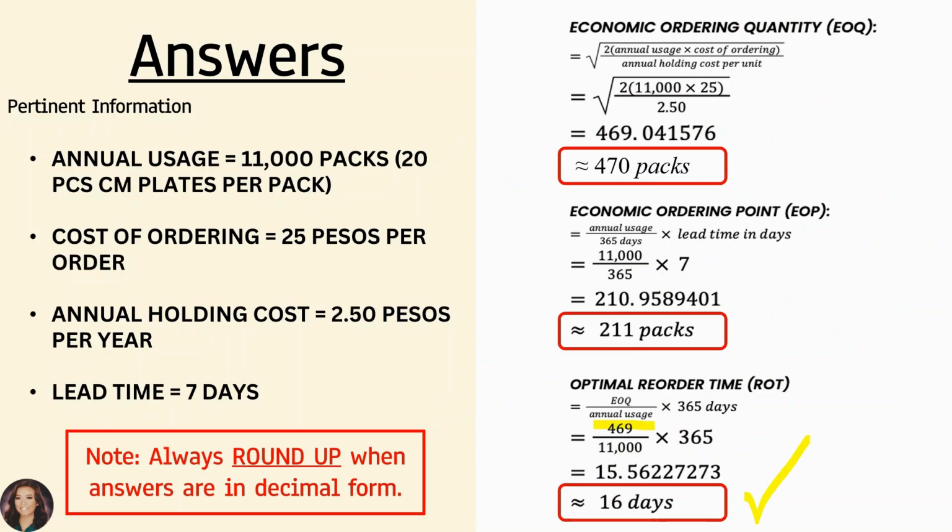Meaning, whenever we reach 211 na lang, yung pack na meron ka sa stock room, how much are you going to order? 470. And when do you reorder 470? Every 16 days. Pag pumatak na yung 16th day, okay, we order 470 packs if na-reach mo na yung point na 211. Okay? Alright.